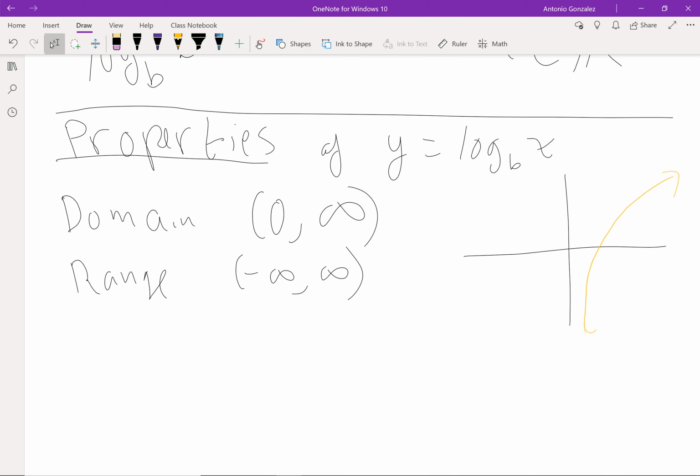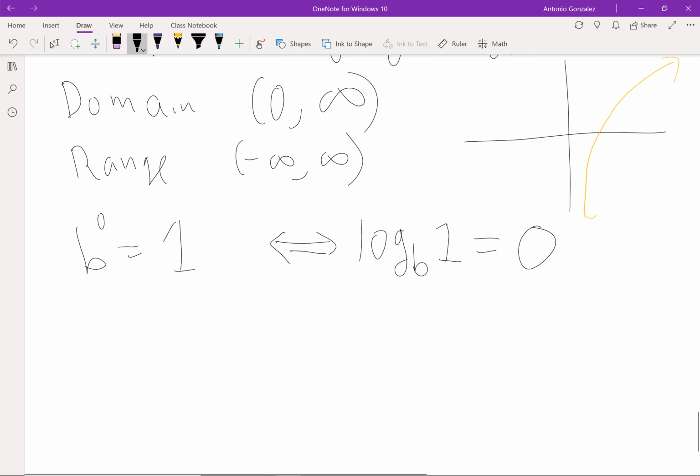Similar to when we had the exponential, based on the inverse relationship, any log of whatever base of 1 will always be 0. For values when b is greater than 1, log base b of x is increasing.